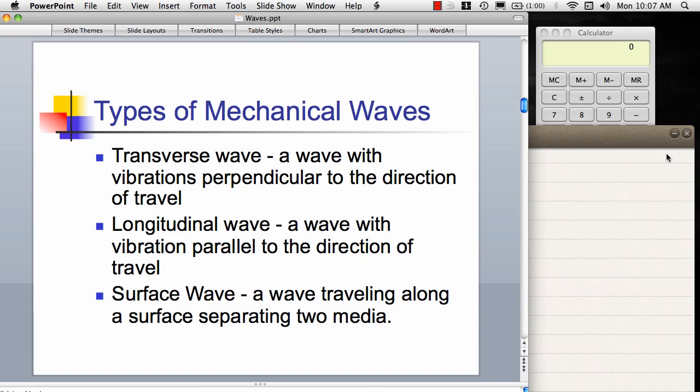The longitudinal wave has vibrations that go in the same direction in which the wave is traveling. I want you to think of it as a slinky being compressed with little compressions. We'll talk about that more shortly. And lastly is a surface wave. As you can see right there, the definition: a wave traveling along a surface separating two mediums.